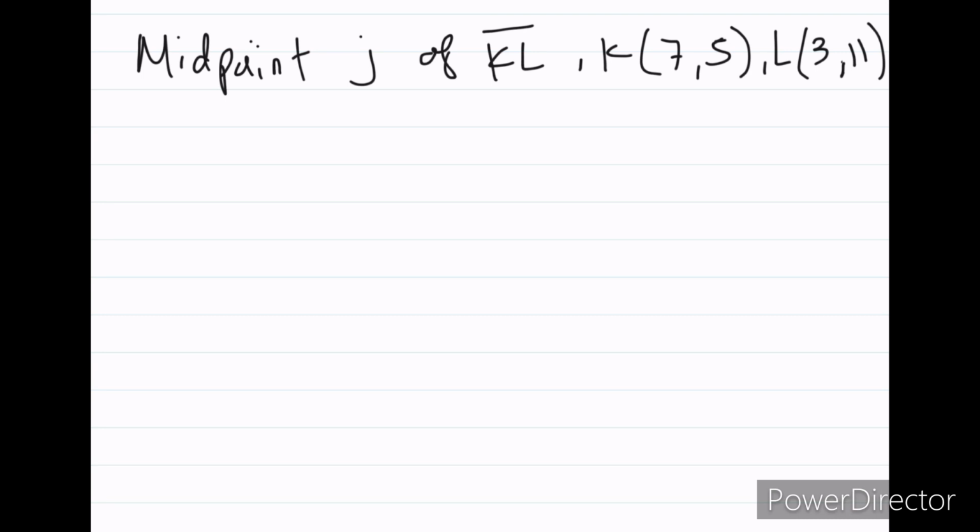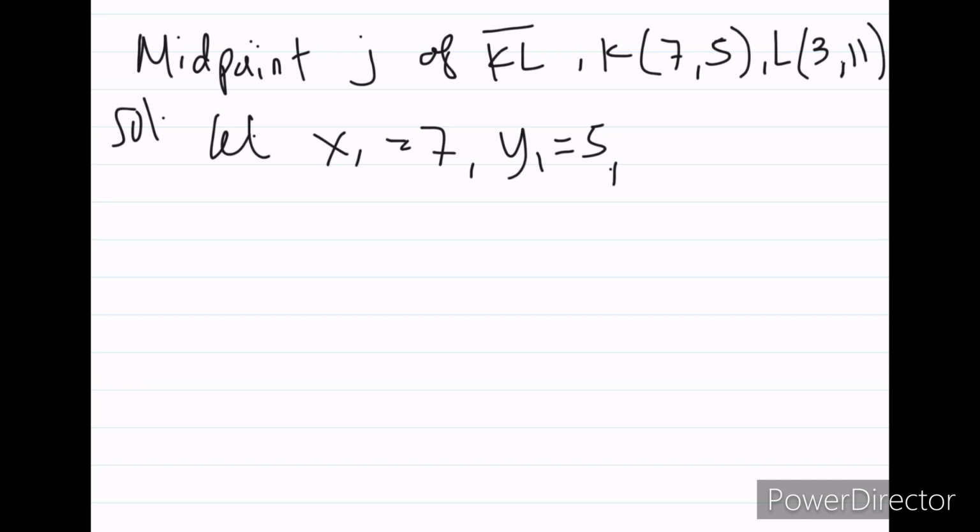So again, for the solution, let x sub 1 be equal to 7, y sub 1 equal to 5, x sub 2 equal to 3, and y sub 2 equal to 11. Again, use the midpoint formula.